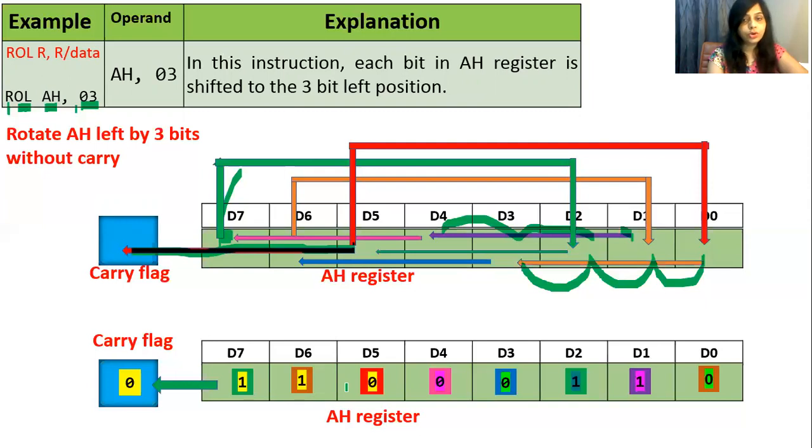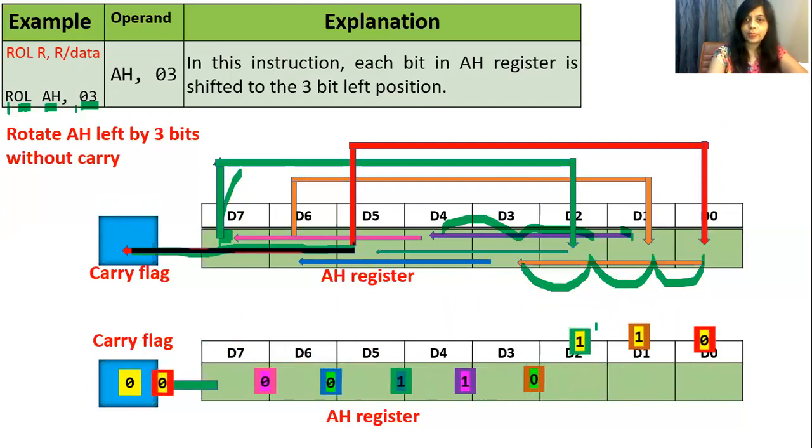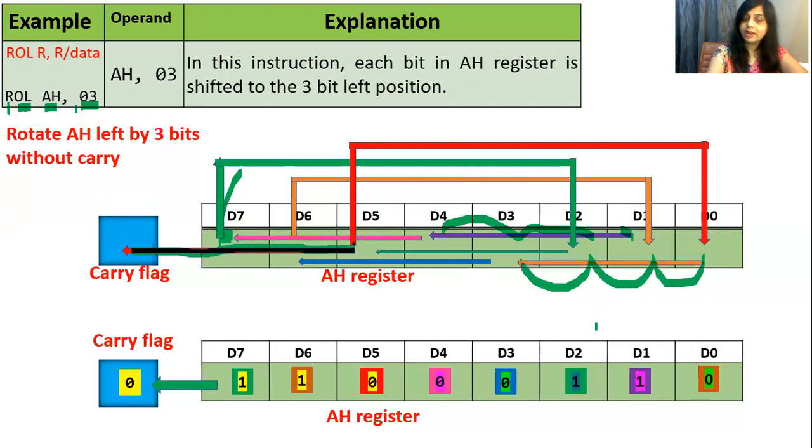How? As I told you, in first rotate it will go here, in second rotate it will go in D7, and in third rotate it will enter into carry as well as in D0 position. So let's see how it happens, like this. And other bits will also move towards left by 3 bit position.